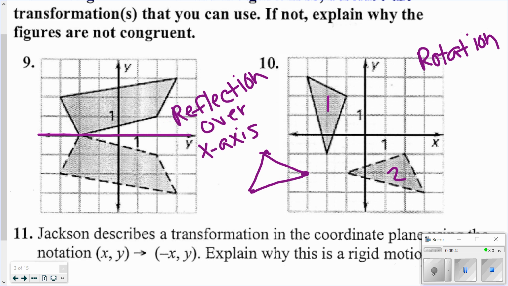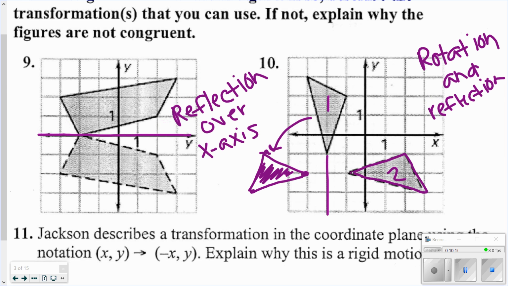So I did a very bad sketch of this figure rotating to look like this. So after the rotation, there is a reflection to turn this figure here into our final figure here.